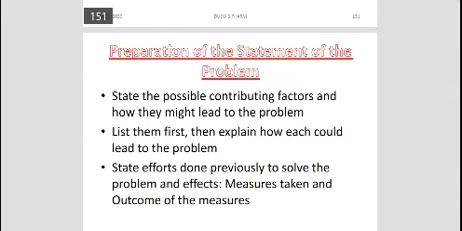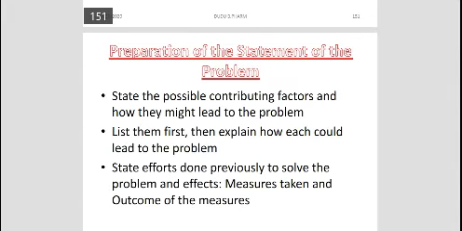Then you come to the contributing factor which causes the problem. This factor may be one, two, three, and more. And when we go back to what we read about variables, these factors actually are the variables, which are the cause of that problem. Do we get the point?